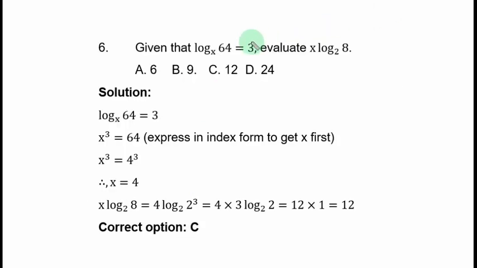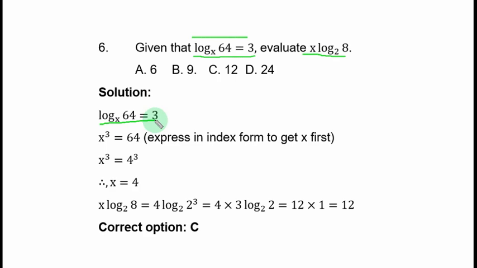Examples question 6. Sorry for that. Given that log 64 base s is equal to 3. Evaluate s log 8 base 2. So we need to get s from the first equation. This is the equation in log form.